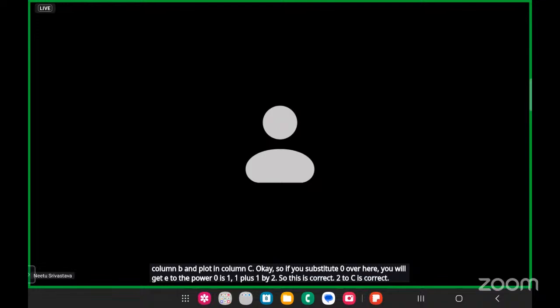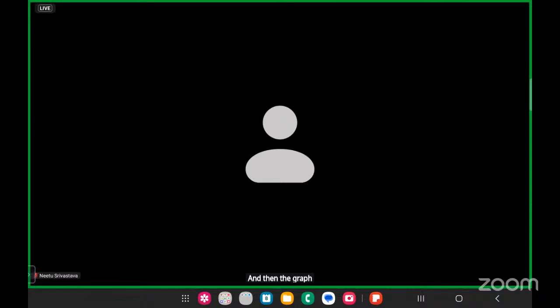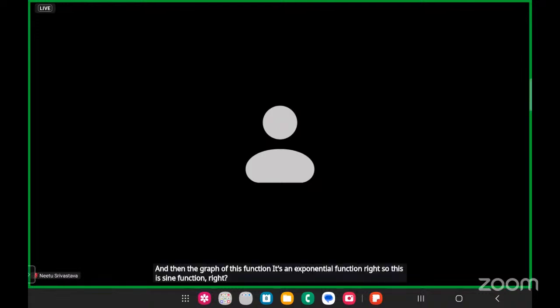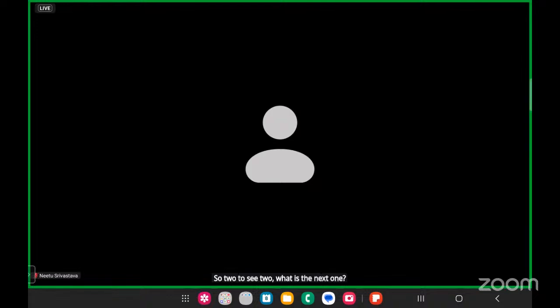And then the graph of this function is an exponential function, right? This is a sine function, right? So 2 to C2, what is the next one? 2 to C2 4.